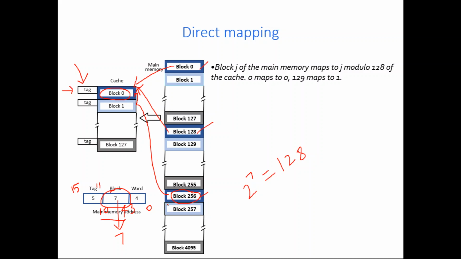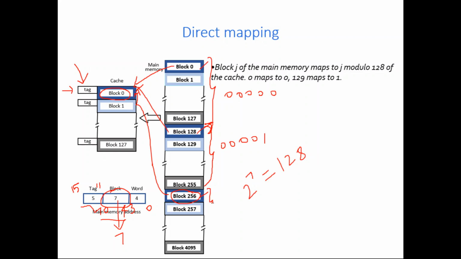If this is the block the CPU wanted to access, then what should this tag bit be? For the first set of 128, that is 0 to 127, the tag bit will be all 5 zeros, okay. For the second set of 128, that is 128 to 255, the tag bit will be 00001, that is 4 zeros and 1.